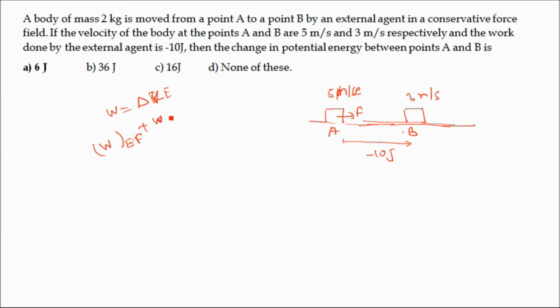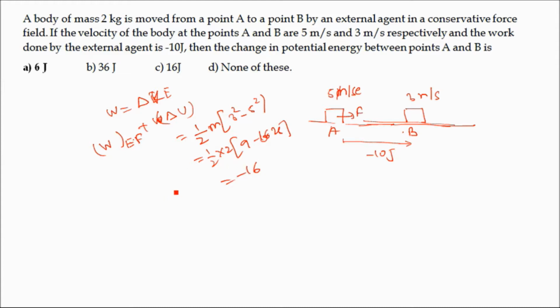So we write W_EF plus change in potential energy is equal to change in kinetic energy, which is equal to half m (V_F² − V_I²). V_F, the final velocity, is 3 meter per second, so 3² − 5². The value of m is 2 kg, so 1/2 into 2 into (9 − 25), which comes out equal to −16.